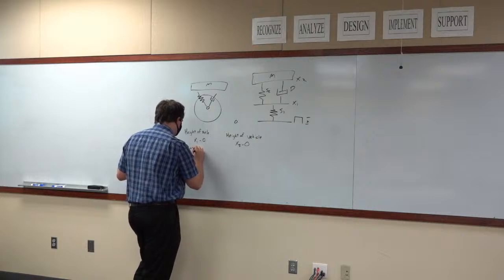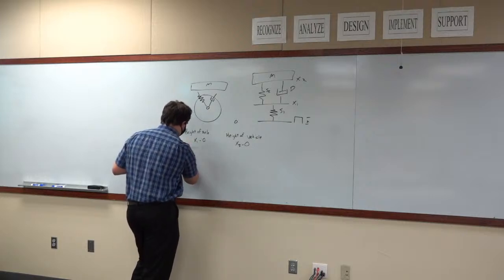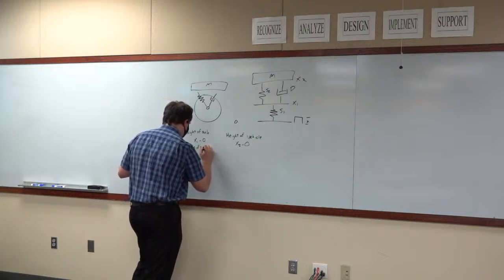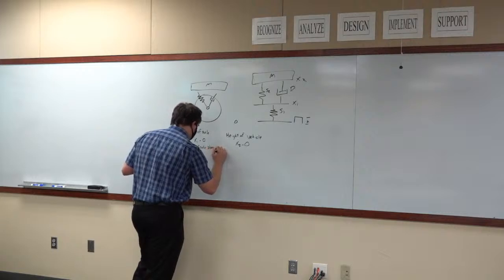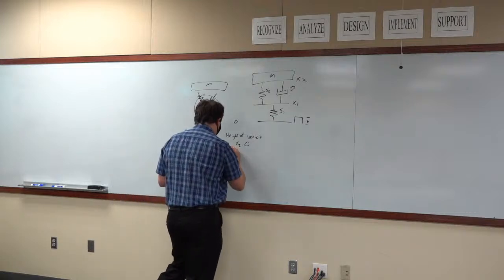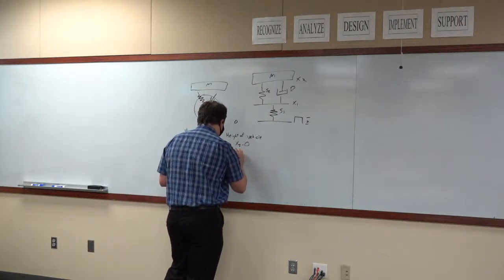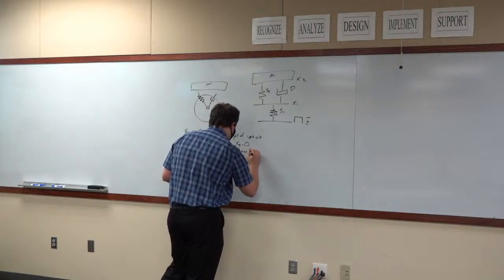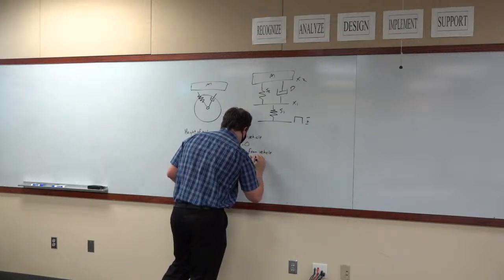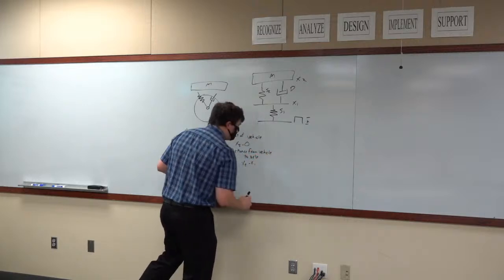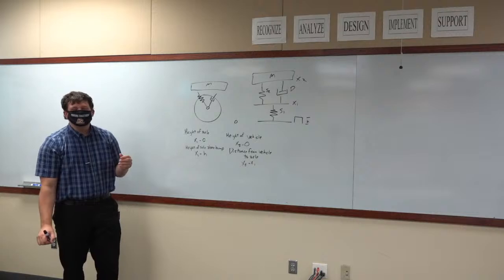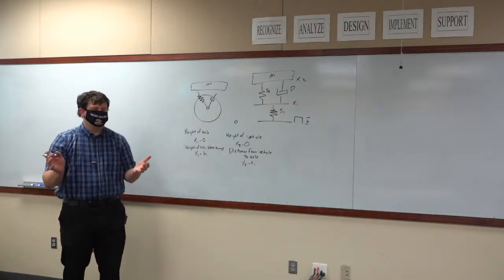You had the height of the axle above the bump, and that was X1 minus H. And then you had the distance from vehicle to axle, which was X2 minus X1. Okay? So we're going to end up generating a bunch of different equations here just out of this.